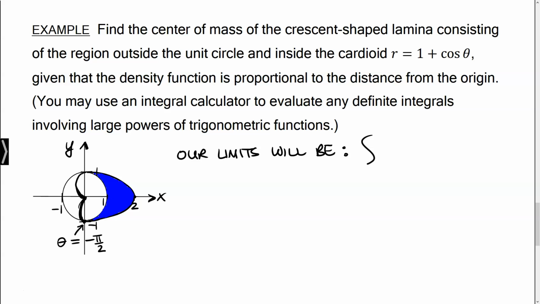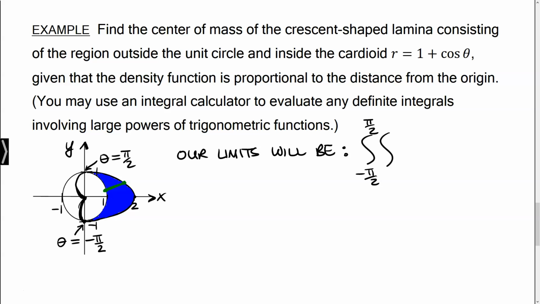And so that's going to be all the way up to here at pi over 2. So we're going to integrate from minus pi over 2 to pi over 2. And the radius has to go between 1 and 1 plus cosine theta.